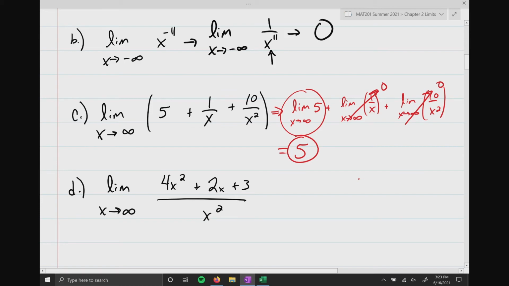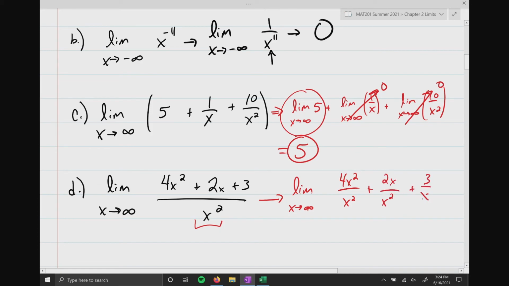For the last example, hopefully you're not thinking this goes to 0. I hope you're not thinking that, because that is absolutely incorrect. And the reason why it's incorrect is if you look, we actually have a monomial in our denominator, which means we can simplify this a little bit. So what I'm going to do is separate every single term and divide it by X squared.